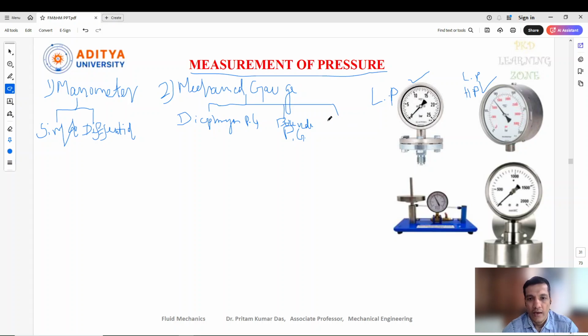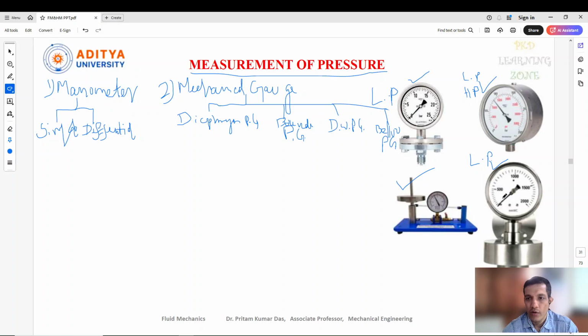The third one is the deadweight pressure gauge, and you can see this is the deadweight pressure gauge. And the last one is the bellows pressure gauge, which is also similar to the diaphragm pressure gauge and is also used for low pressure.